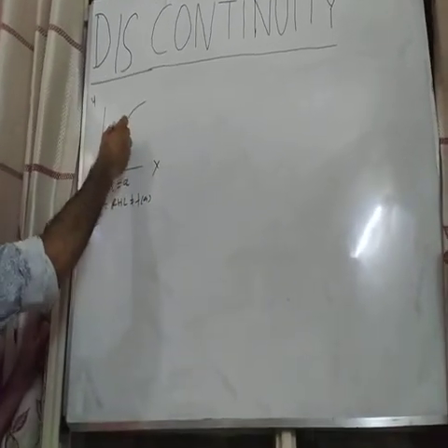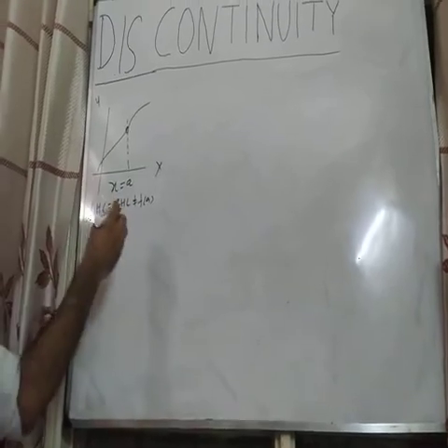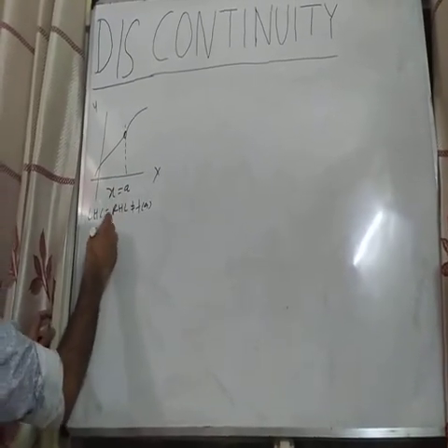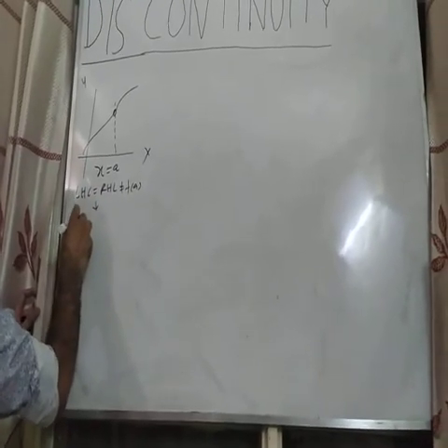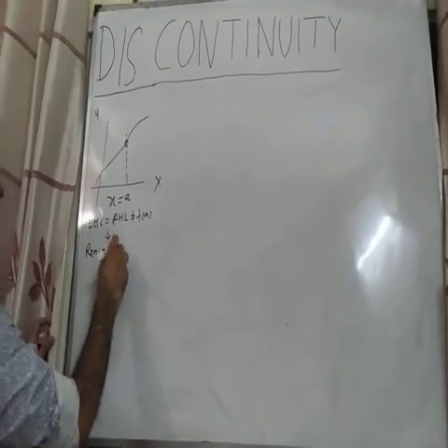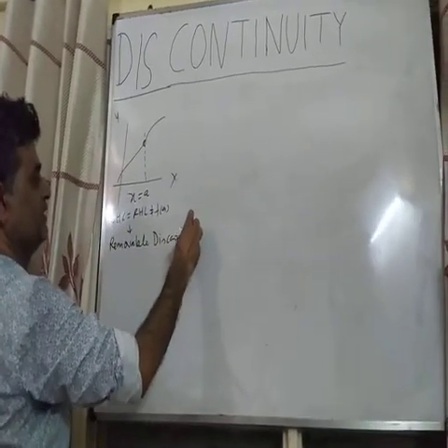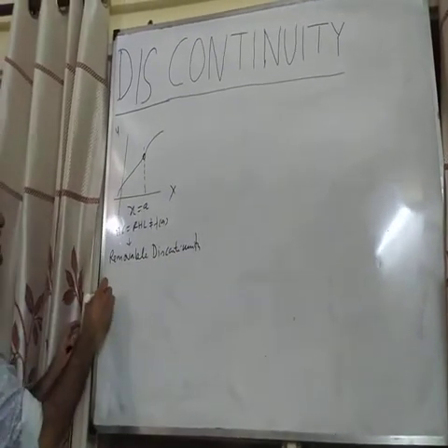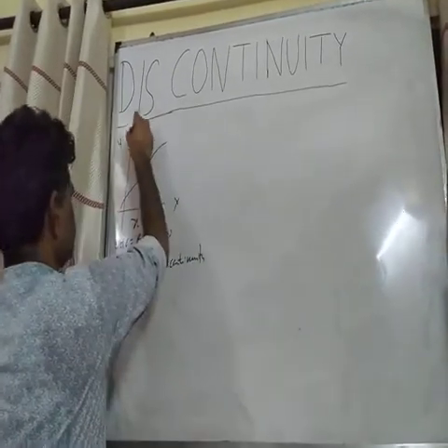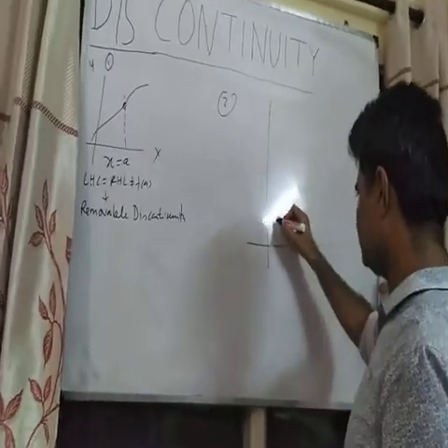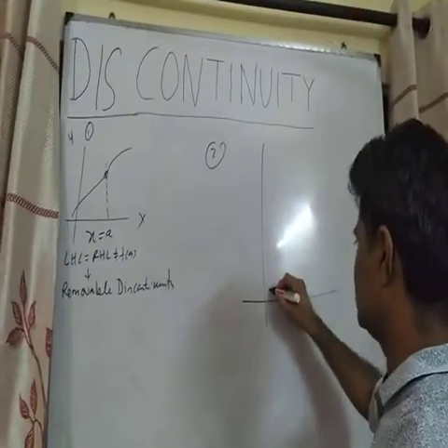So this function will be discontinuous at x is equal to a, and this kind of discontinuity is termed as removable discontinuity. Now in the second case, we will discuss this kind of discontinuity.